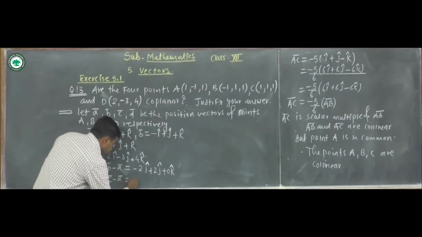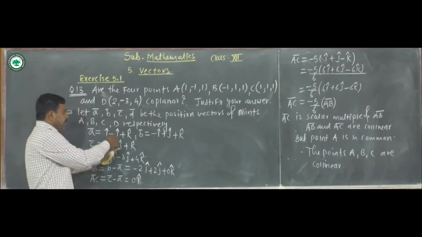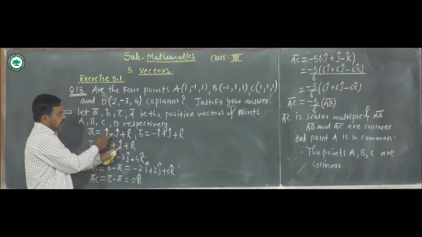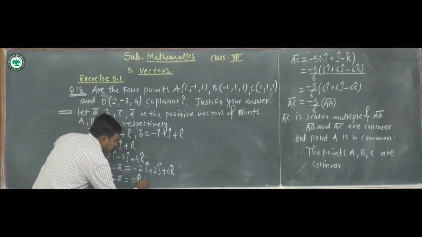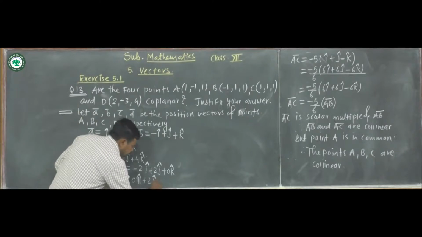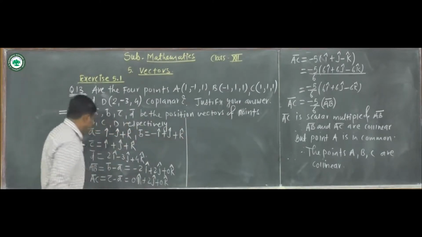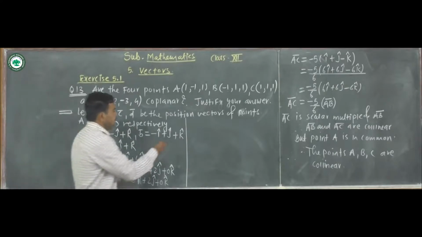So it is 0 into I cap. J cap, minus minus become plus here, J cap plus J cap, 2J cap. And K cap minus K cap, plus 0 into K cap. This is AC bar.